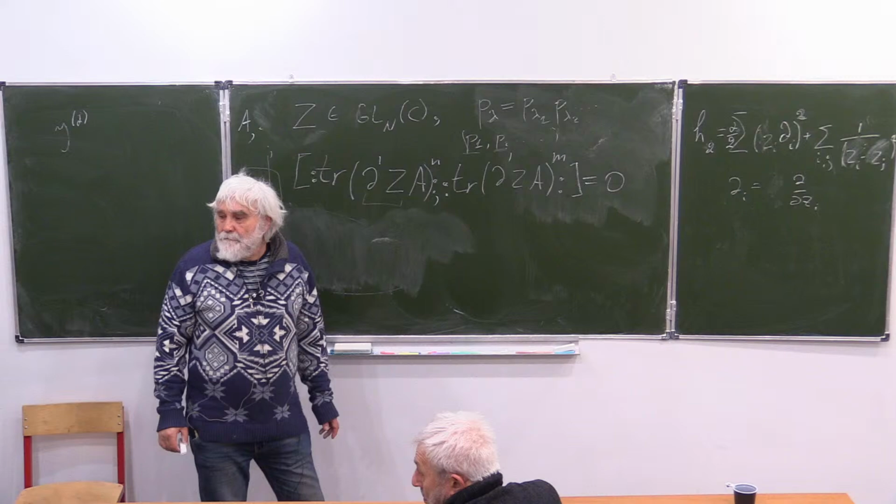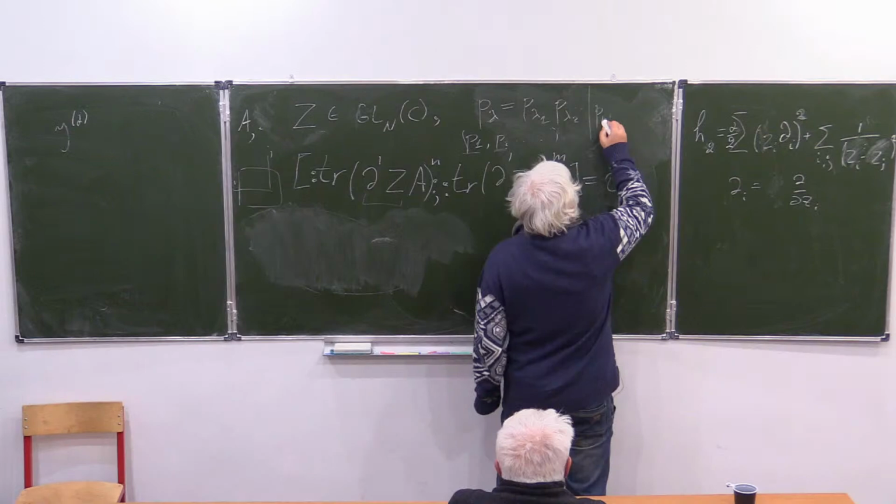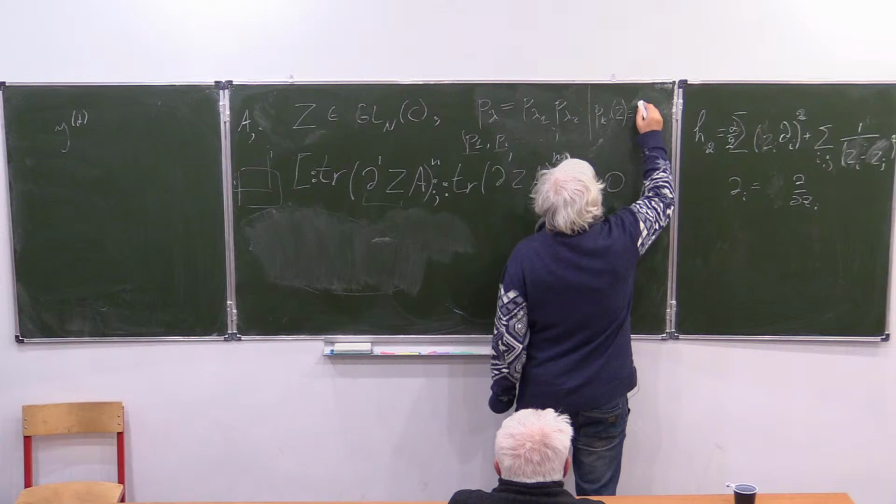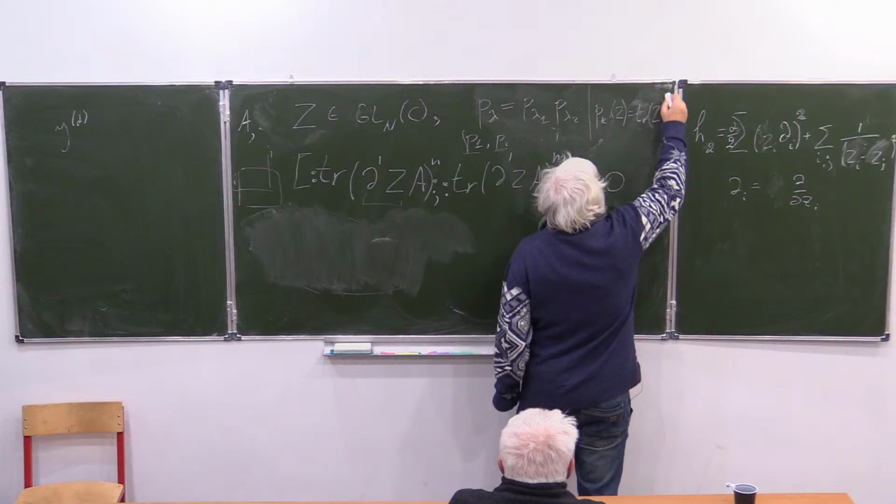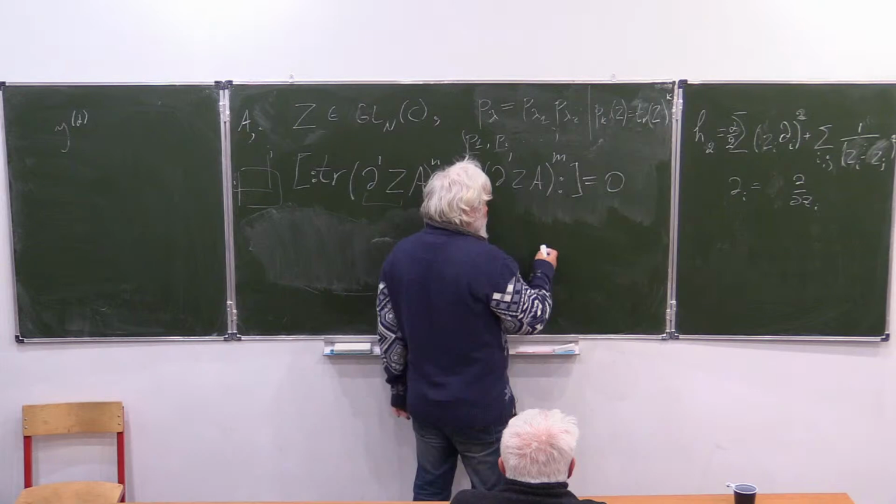So we introduce p_k on matrix Z as the sum of powers of eigenvalues, as Newton sums. And if we have a partition, is it clear what a partition is? A partition is just a set of natural numbers in weakly decreasing order.